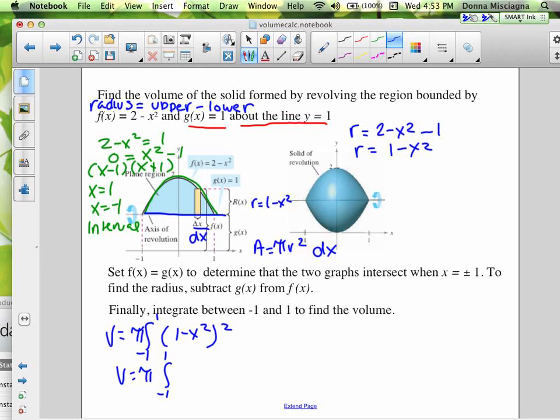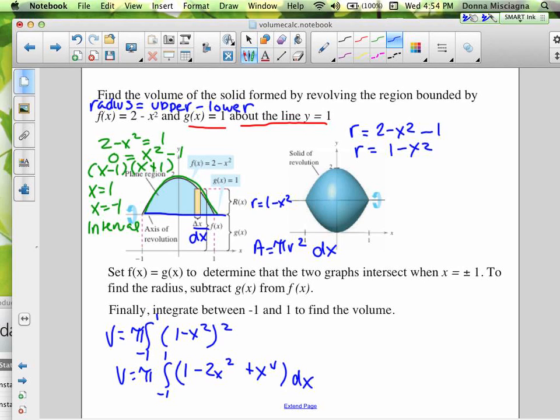If I square that, that's going to be 1 minus 2x squared, because I'll have 1 times negative x squared and 1 times negative x squared, and then plus an x to the 4th. I figured it was okay to square it in my head and not write down all four products. So when we square it, we'll get 1 minus 2x squared plus x to the 4th.